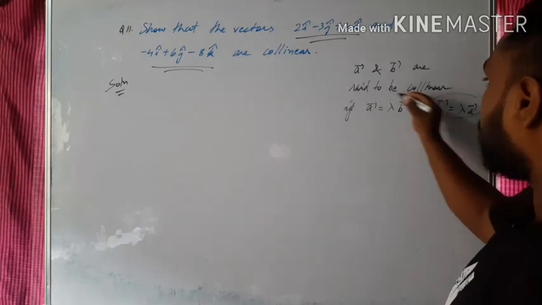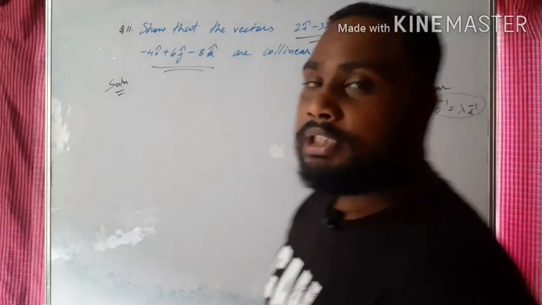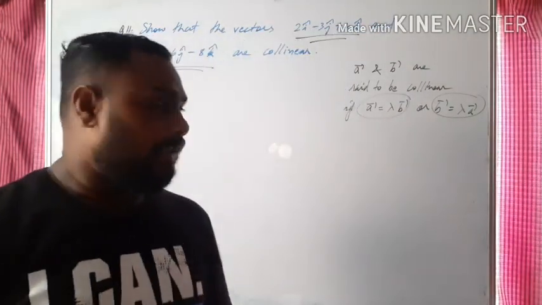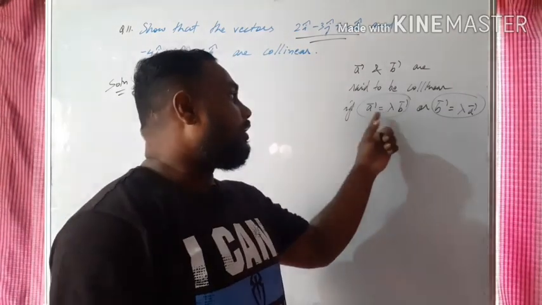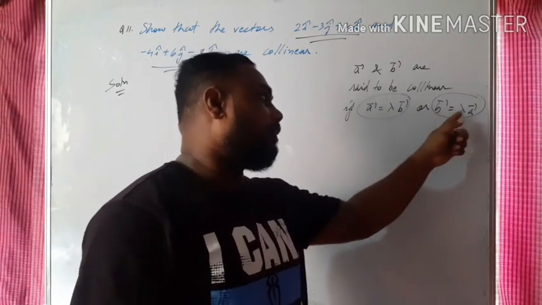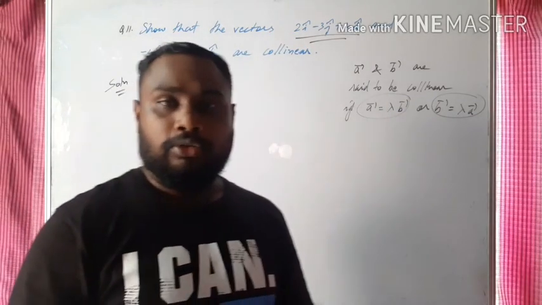If one can be written in terms of the other, then we can say that the vectors are collinear, where lambda is a constant or scalar.